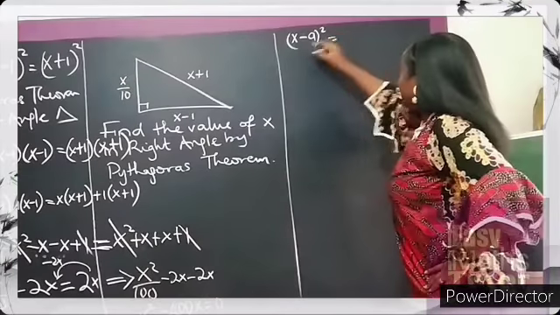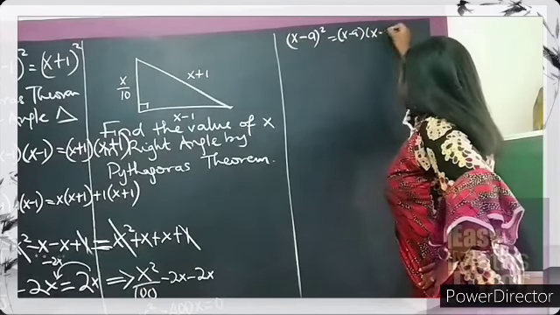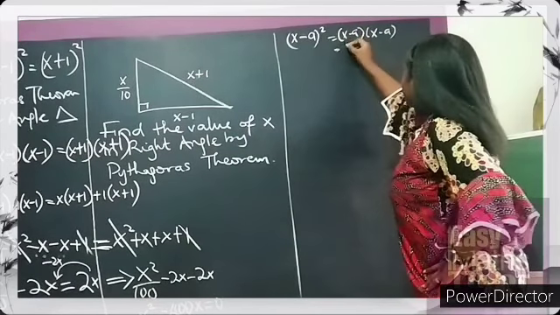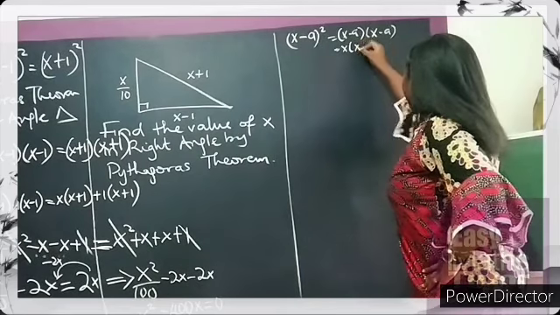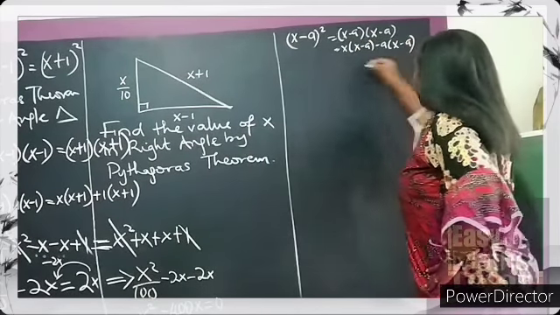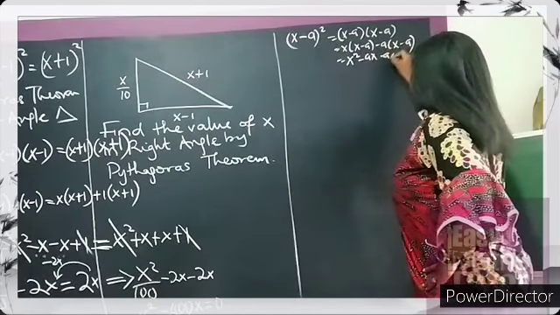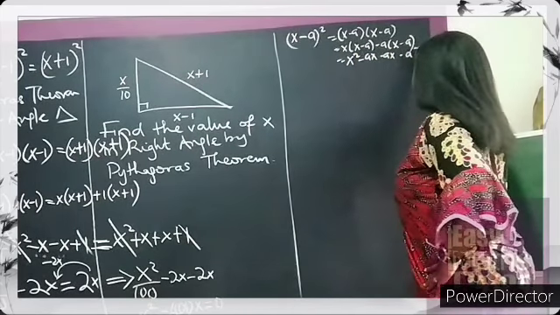Now look at this function. Let's expand it. x minus a, x minus a, giving us x squared minus 2ax plus a squared. So this is what I'm trying to achieve, right?